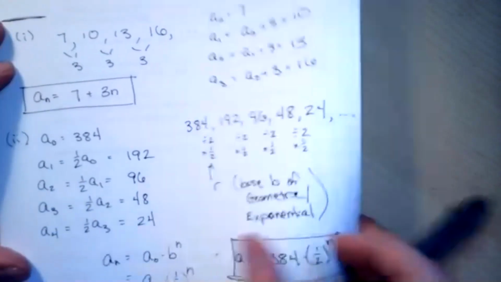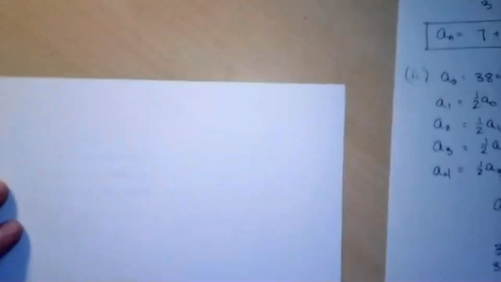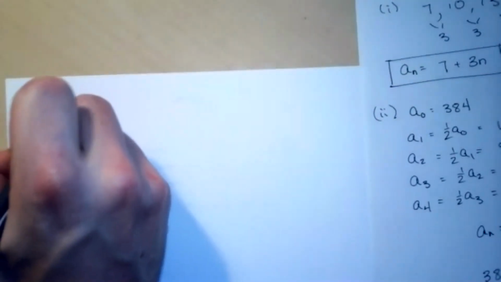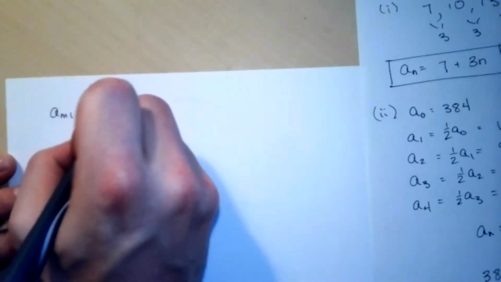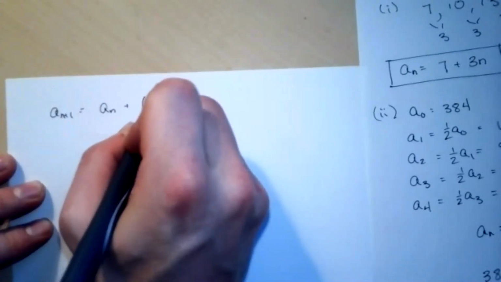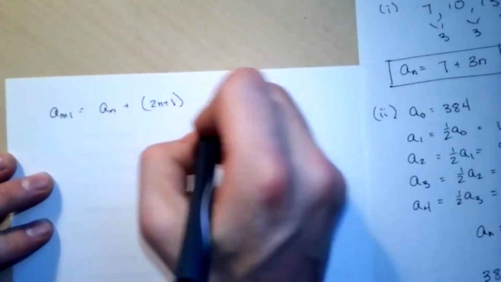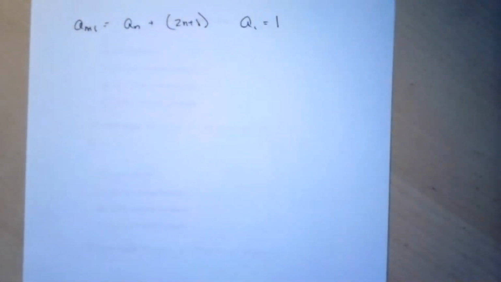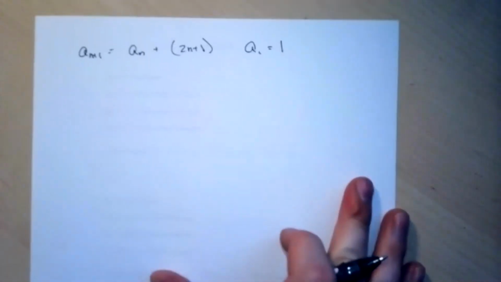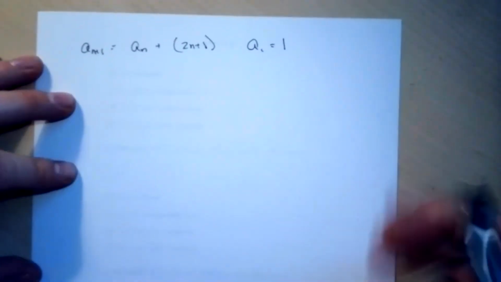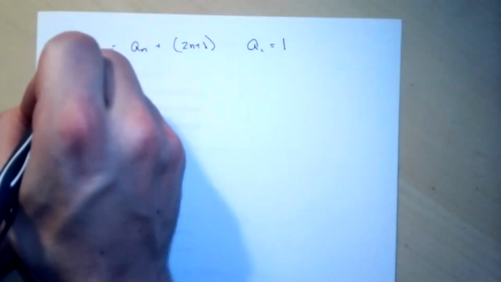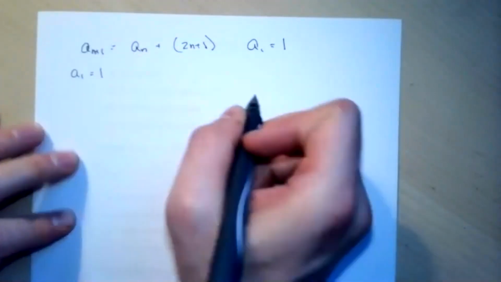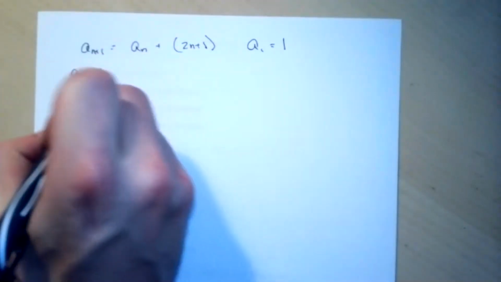So like this next one that I wrote, we have a_{n+1} is a_n plus 2n plus 1 with a_1 equal to 1. So of course, a_1 is 1, our starting value, mind that.